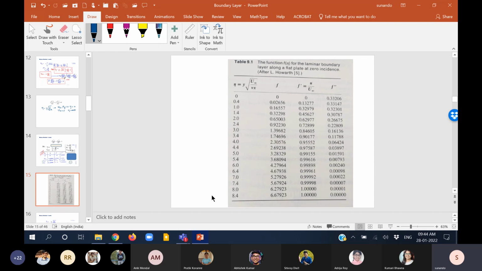If I go to eta equals 5, the value in the third column is 0.991. If I go to eta equals 6 or so, it becomes 0.998. So between 4, 5, and 6, do they convey some useful information that you can use?